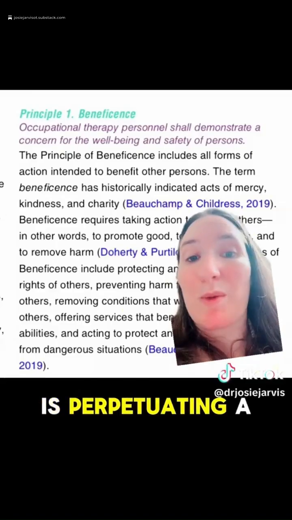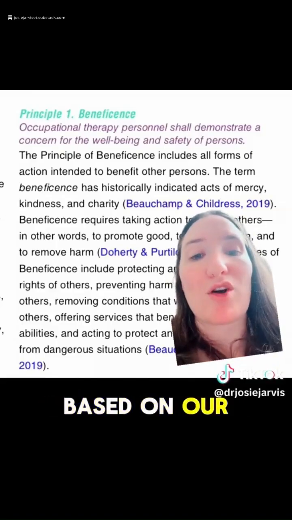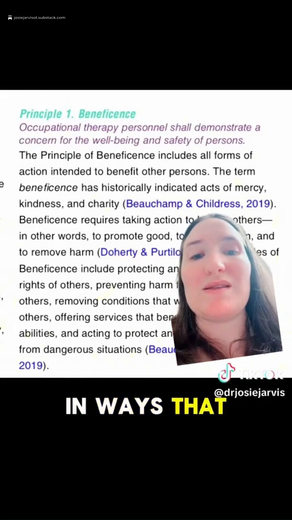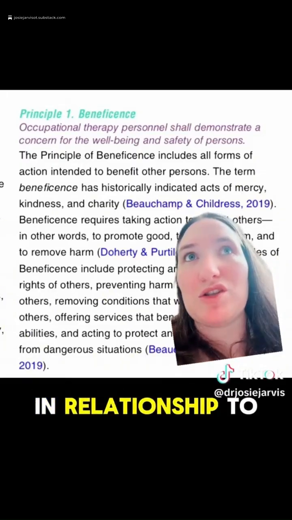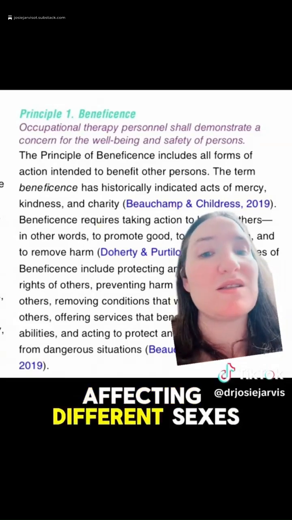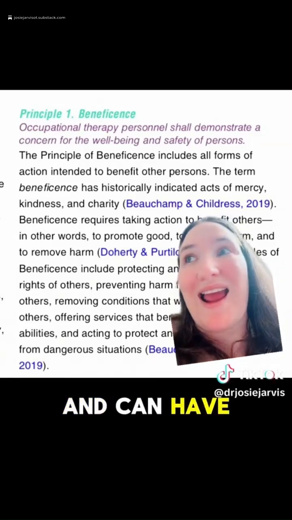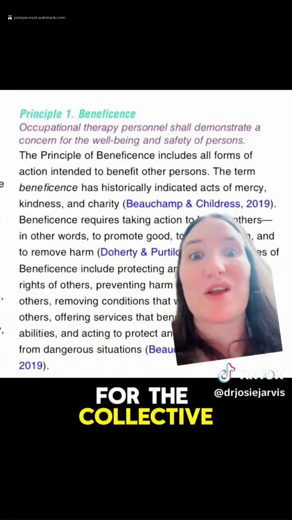And that is perpetuating a harmful pattern based on our social and cultural belief systems, in ways that medical contexts are not designed to be equitable in relationship to surgeries that may be affecting different sexes and genders, and can have adverse health outcomes for the collective.